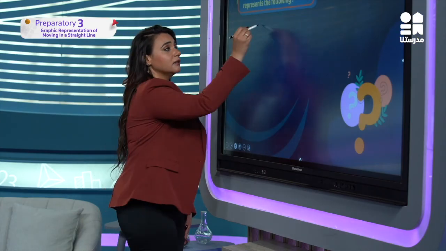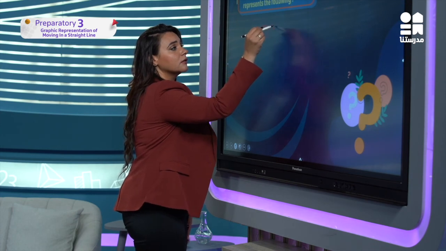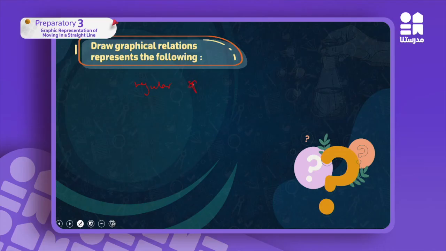اول واحده قال لي regular speed. So I have 2 ways to draw a graph that represents the regular speed. نفتكر كده مع بعض. The first one, distance time graph.